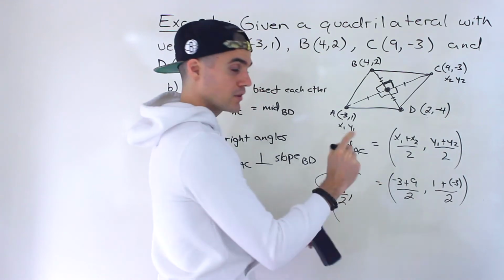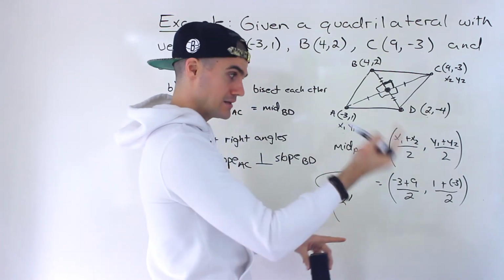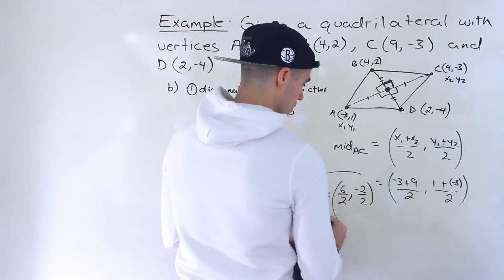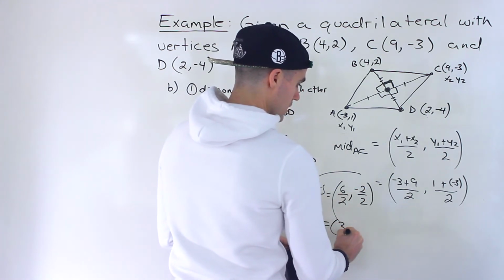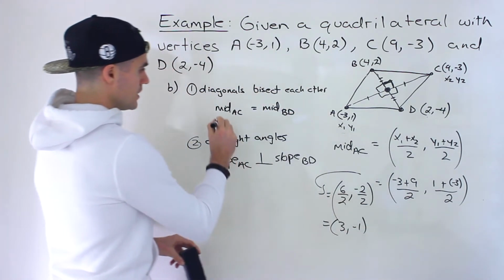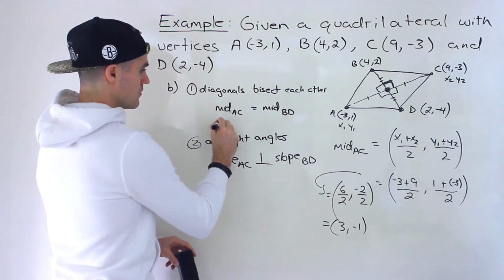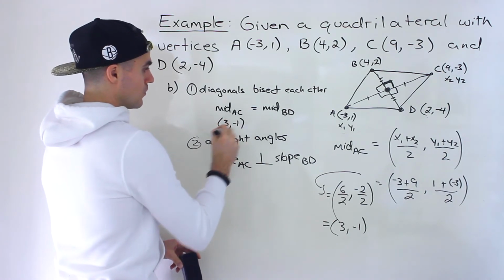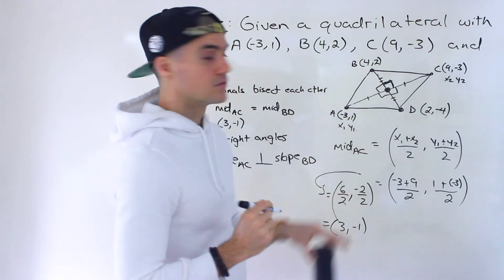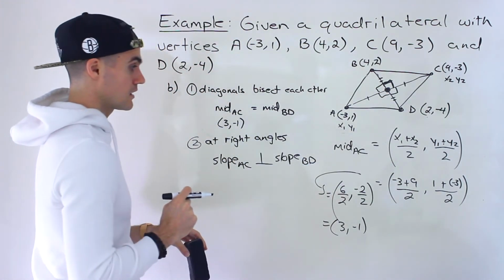And then we'll have 1 plus negative 3, which is like 1 minus 3, which would give us negative 2, over 2, which would give us 3 and negative 1. Okay, so let's keep track of this here. We got 3 and negative 1 for the midpoint of this diagonal of AC.